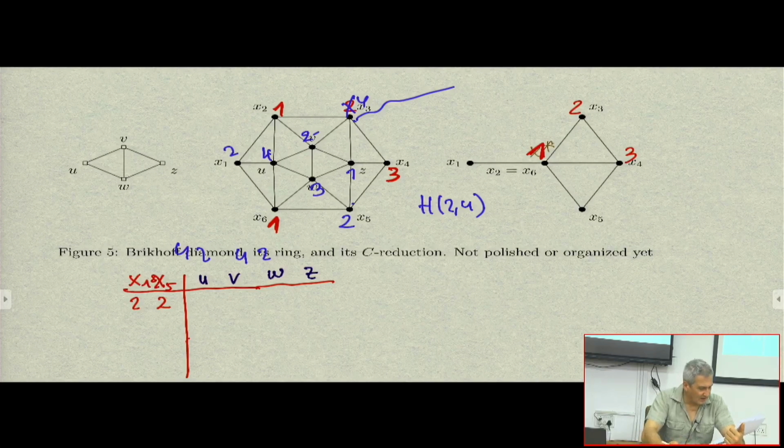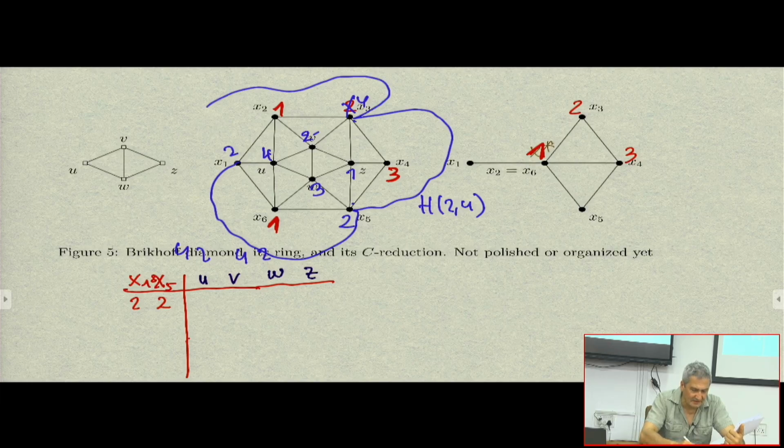And finally, if x1, x3, x5 belong to the same component 2, 4, probably we're gonna have something like this, and this is 2. This is 2.